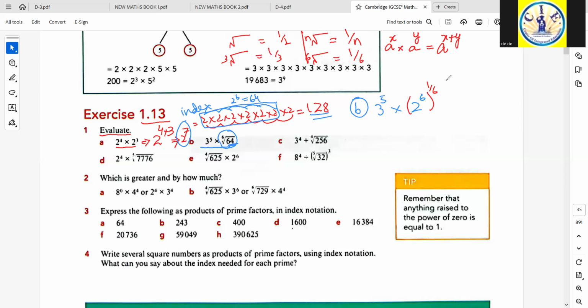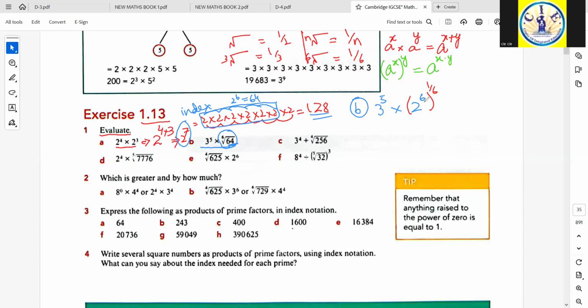Now I'm going to remind you of another rule of indices, that was whenever there is a number with two powers like x whole raised to power y, then both the indices get multiplied, x times y.